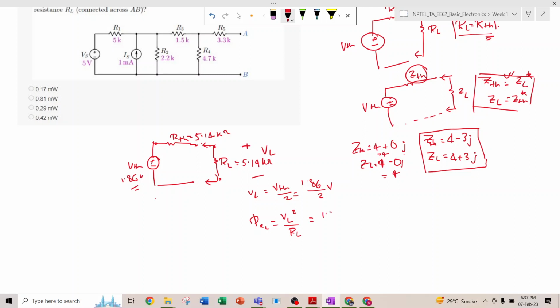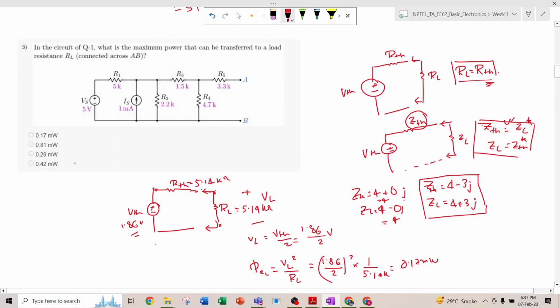So 1.86 divided by 2 whole square, divided by RL, which is 5.14 K. It will come around 0.17 milliwatt. So this will be the correct answer.